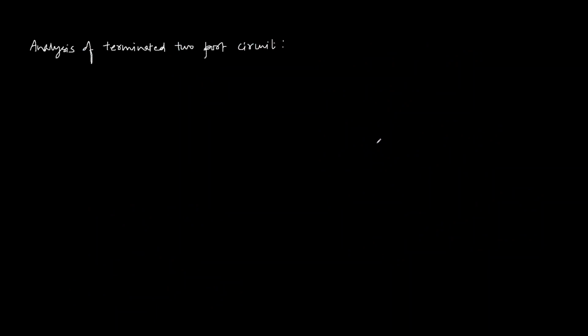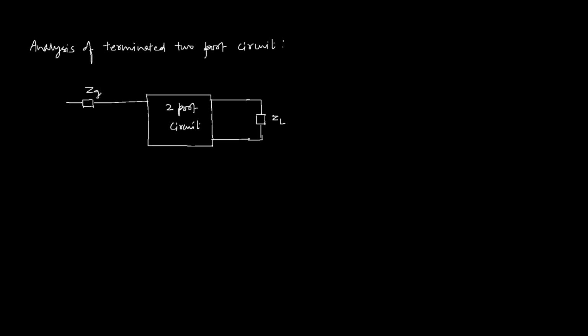Now let's do the analysis of terminated two-port circuit. Means for this two-port circuit, at port 2 the load impedance is connected, or this two-port network is terminated with this load impedance, and the excitation is connected at port 1.